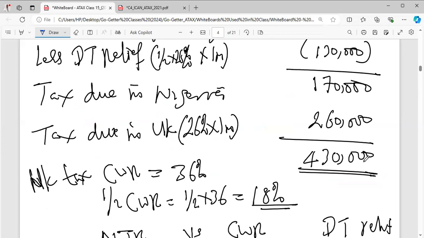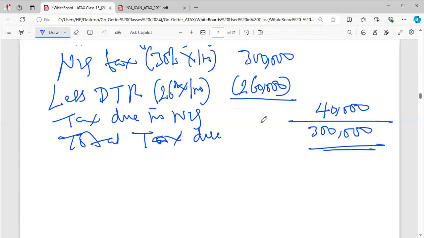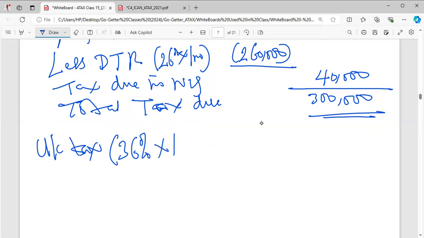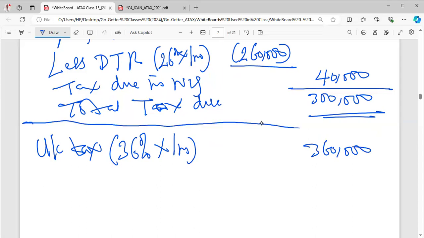Now let's look at the second example before we analyze. UK tax, let's say this is 36% of 1M. That gives us 360,000. I need to put a line here to show that this one has ended, because that creates a confusion.